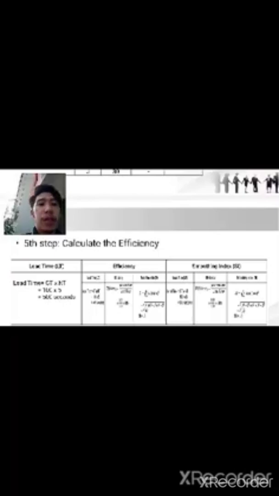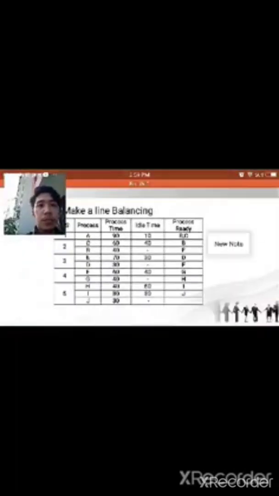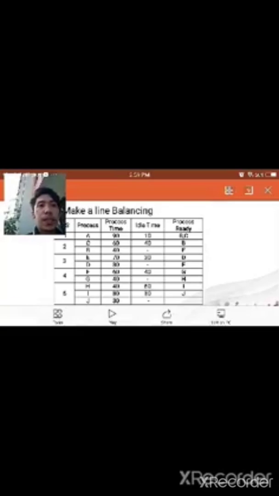The next is the smoothing index. In smoothing index, we get the square root of the summation of idle times squared. So here, based on our process, the idle time in workstation 1 is 10, workstation 2 is 0, workstation number 3 will be 0, workstation number 4 will be 0, and workstation 5 will be 0.